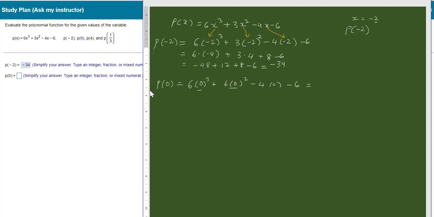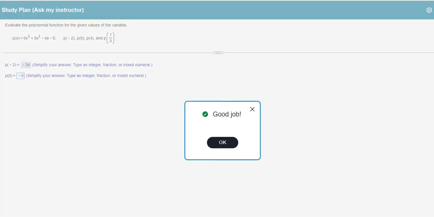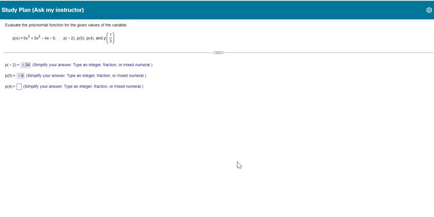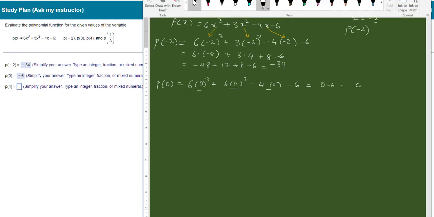This term is 0. This term is 0. And all we get is 0 minus 6, which is -6. Right? Let's check again. Wonderful. Moving on to the next part of the question.